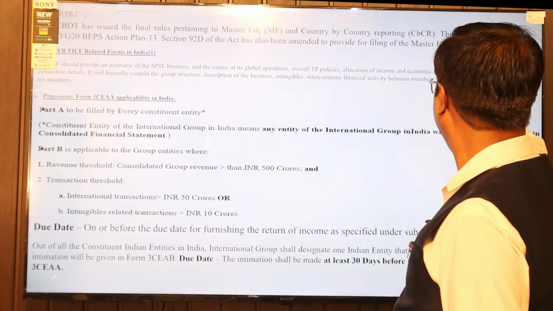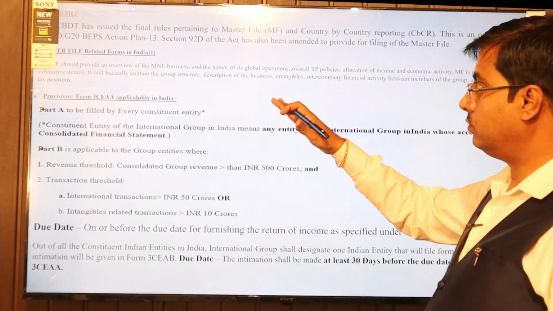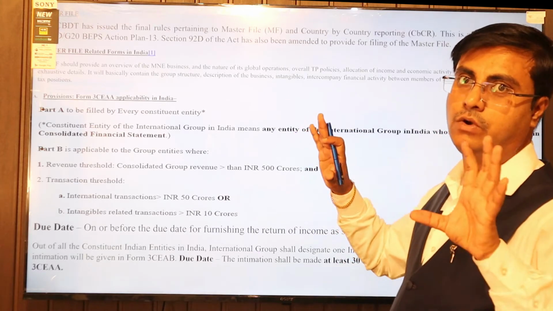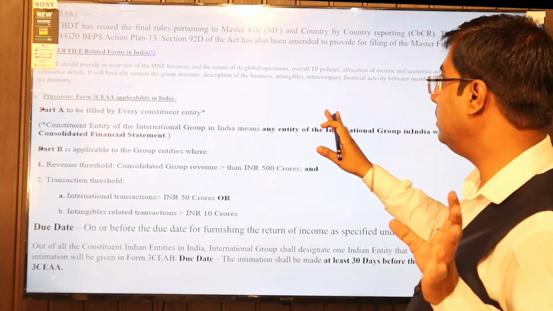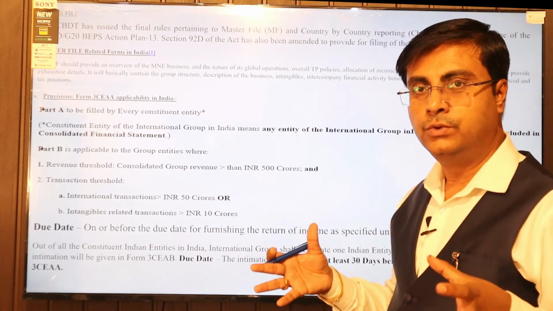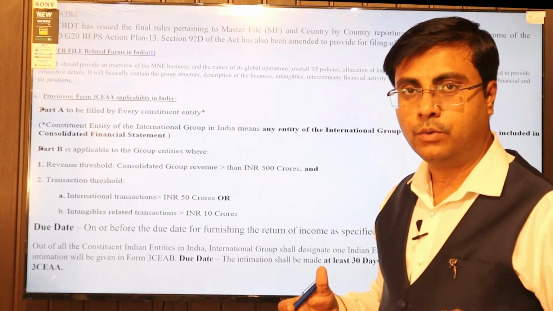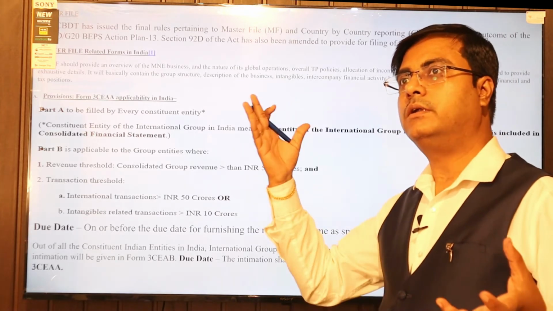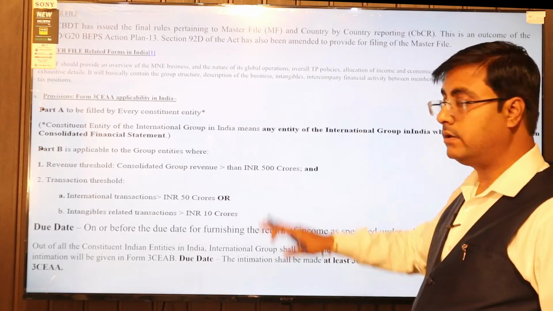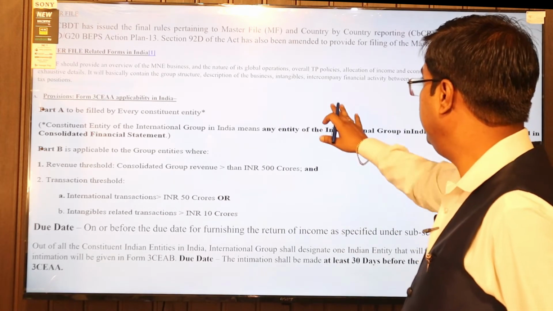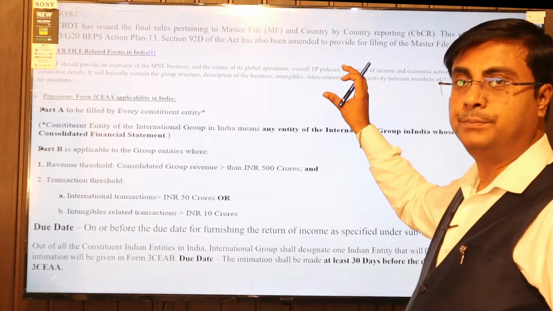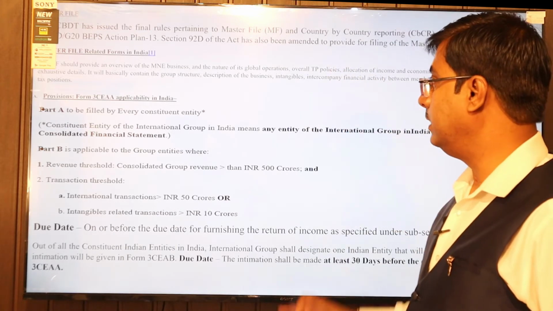The master file is not intended to provide exhaustive detail. It basically contains the group structure, a description of business, what you do here in India, such as procurement and sale, what they deal in abroad, where your intangibles are, and intercompany financial activity. So this kind of group master file needs to be maintained.